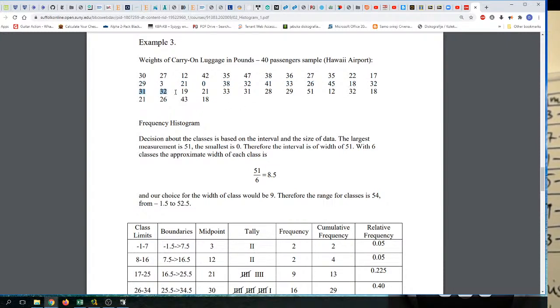No, no, no. 12, 2. So in my tally I have a 2. 22, 18, 21, 26, 43, 18. None of them is 8 to 16. So I counted only 2 things.